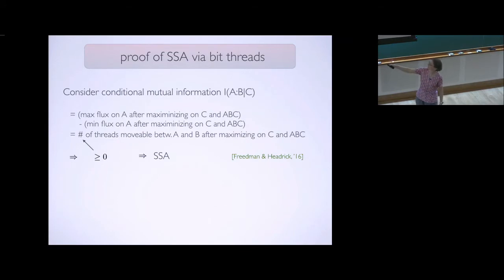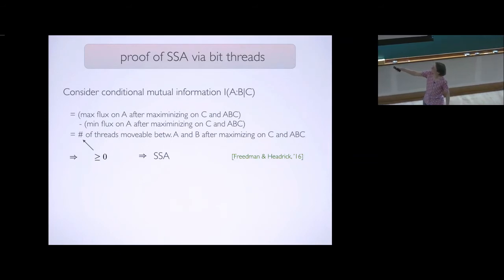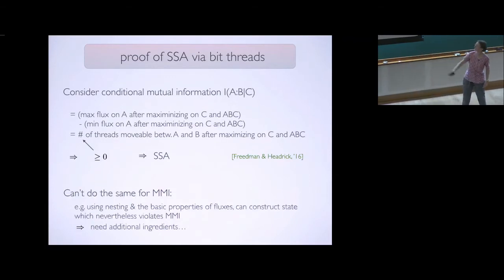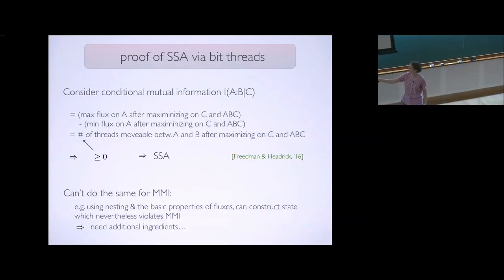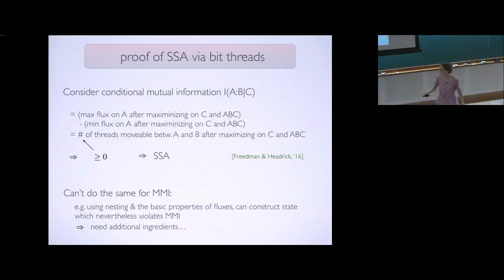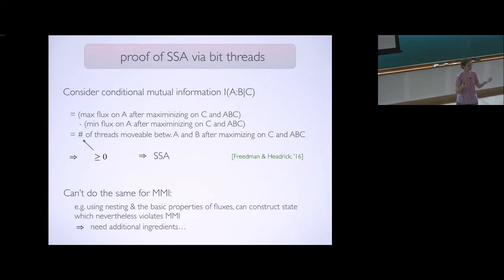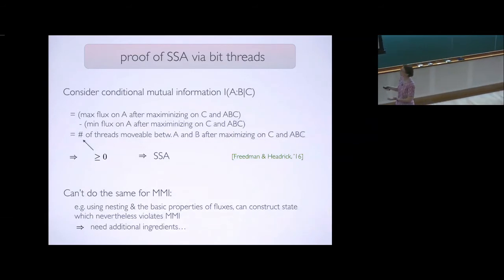Because it's a difference of the maximum and minimum of the same quantity, it must be a non-negative number. Alternately, you can think of it as the number of threads that are movable between these two regions once you maximize on this. So it's a manifestly positive quantity, but as these folks observed, you can't use the same types of tricks for showing MMI. One needs some additional ingredient beyond just postulating this bit thread picture, they thought.